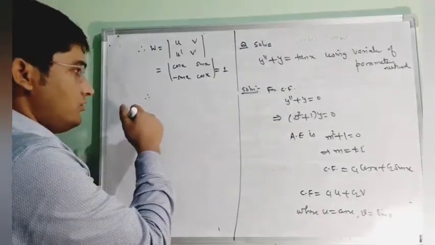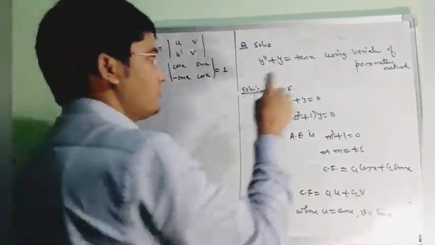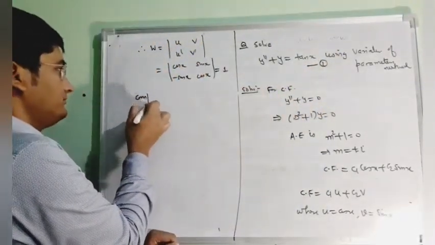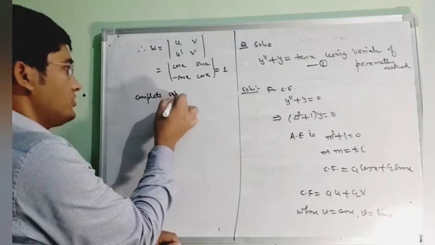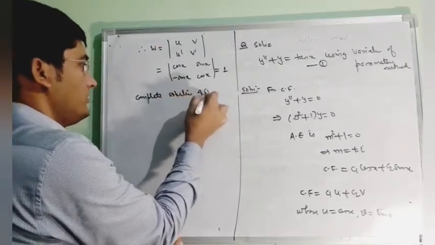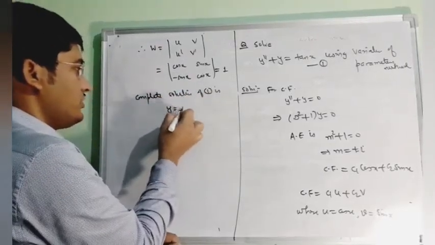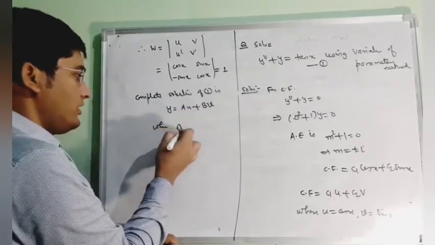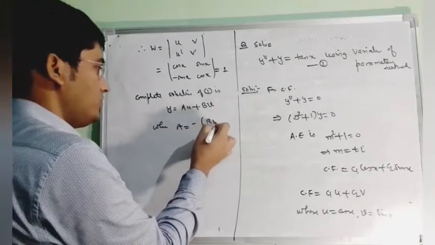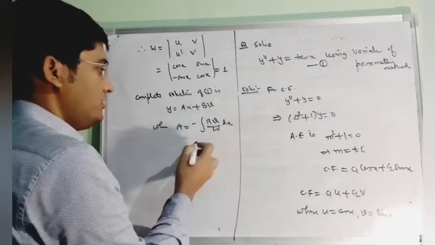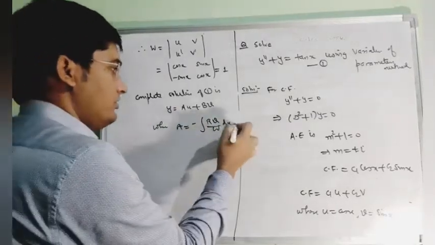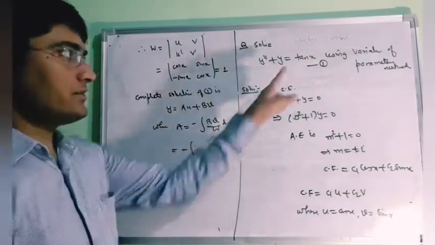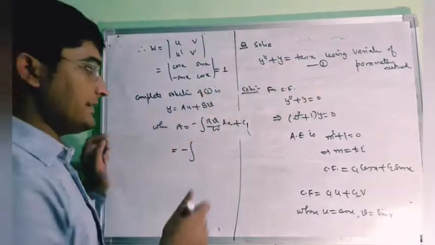Therefore, the complete solution of equation 1 is y equal to A u plus B v, where our A will be the integral of minus r into v upon w. R is your right hand side, and here our r is 10x.